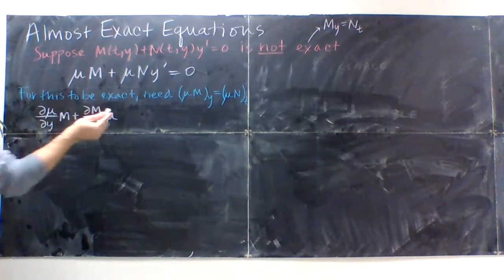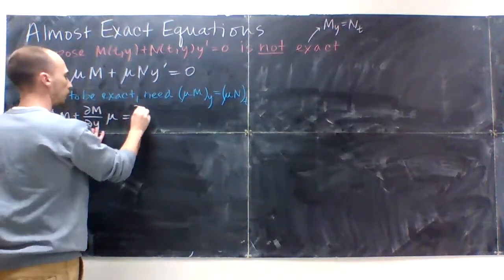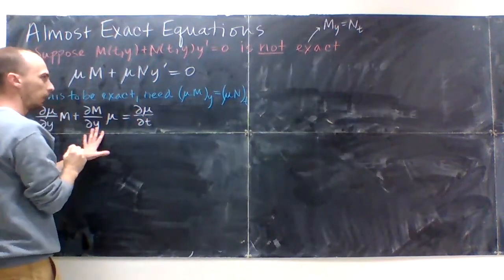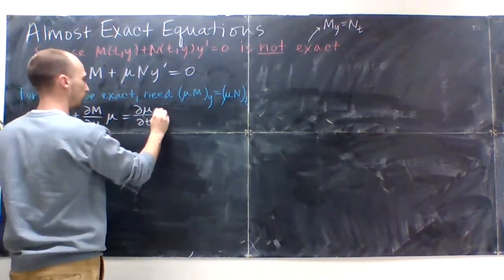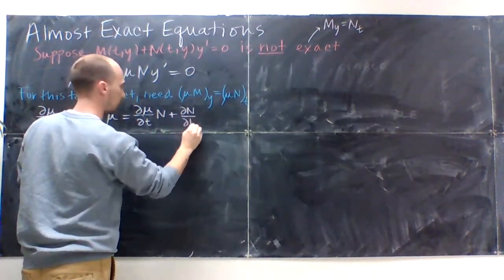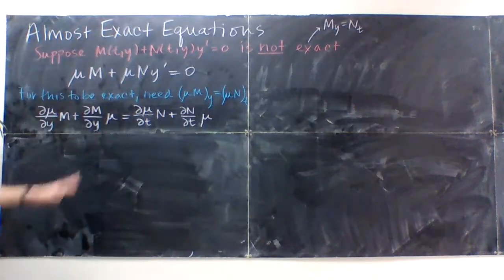And then I'll do the same thing over here. So the derivative of mu with respect to t, leave N the same, plus the derivative of N with respect to t and leave mu the same.